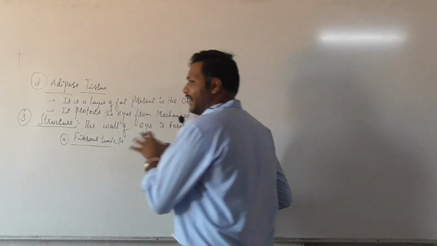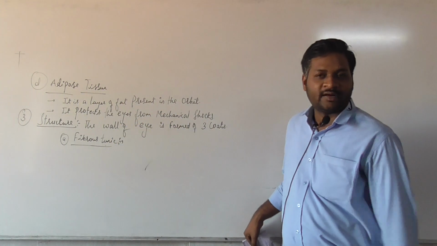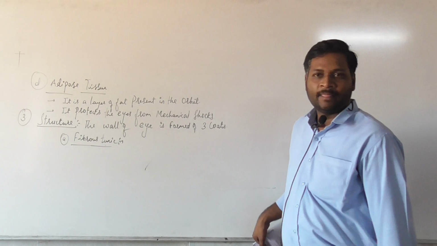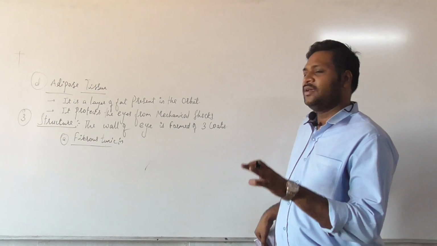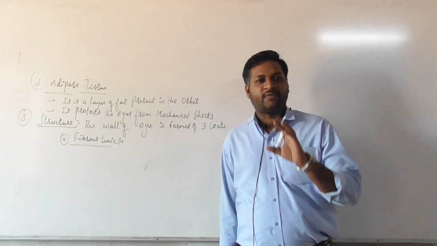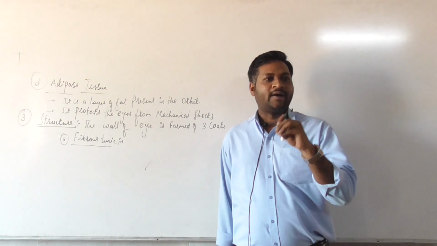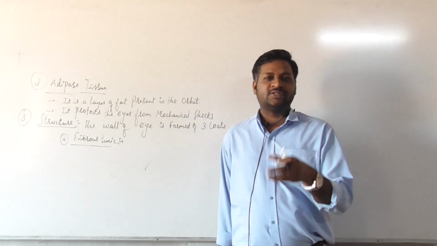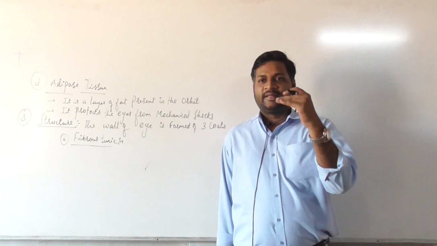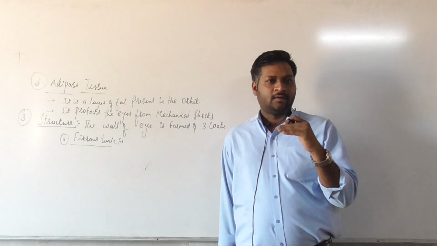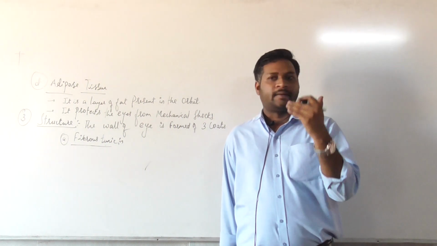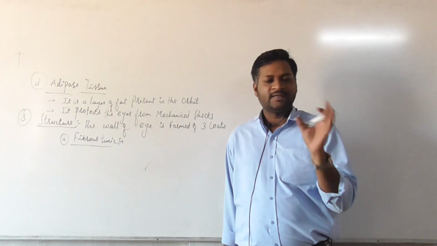You will note down the characteristic features and try to understand what it is made up of. When we look at the structure of the eye, it looks quite complex, but it is not that complex. We just have to remember the number of layers and what these layers are composed of. And it's very simple now.